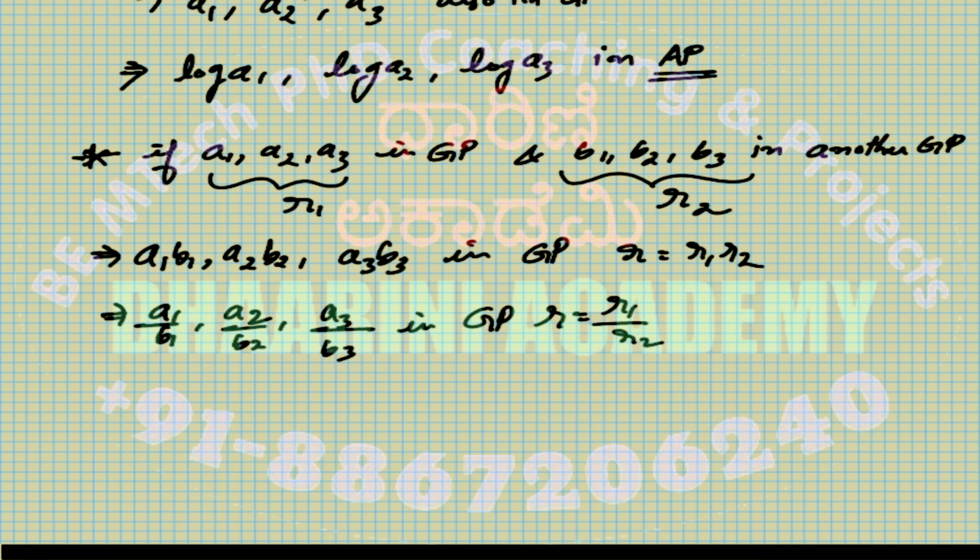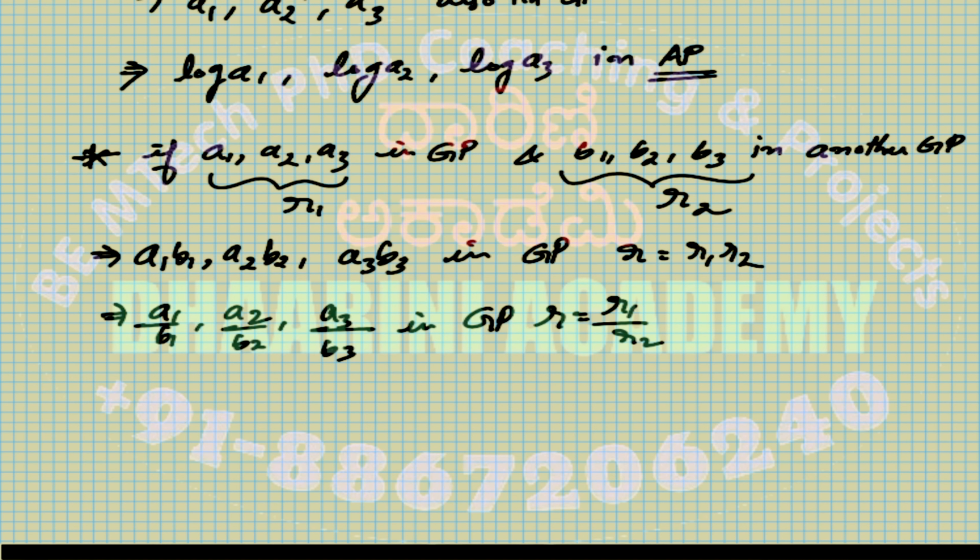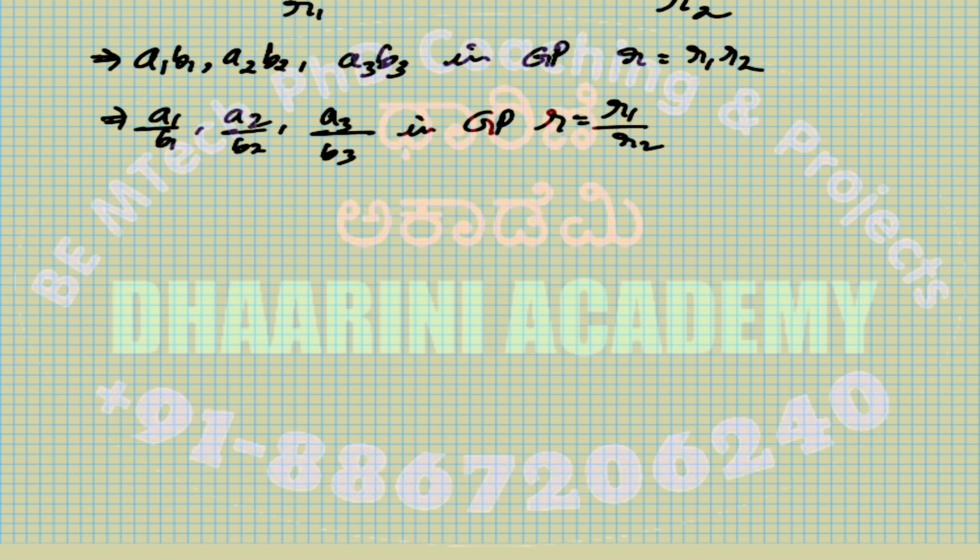That will be the new one. But if you add or subtract, like A1 plus B1, A2 plus B2, A3 plus B3, or A1 minus B1, A2 minus B2, A3 minus B3, that will not be in any progression. So kindly note that. Only multiplication and division will work in the geometric progression.